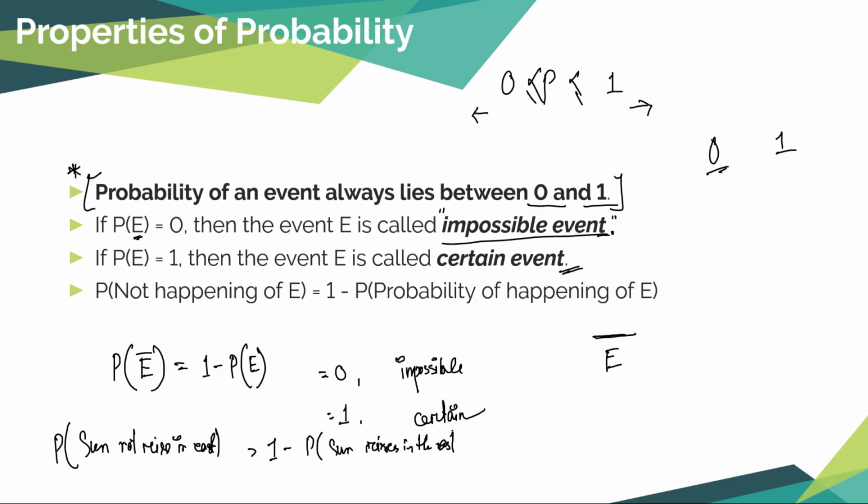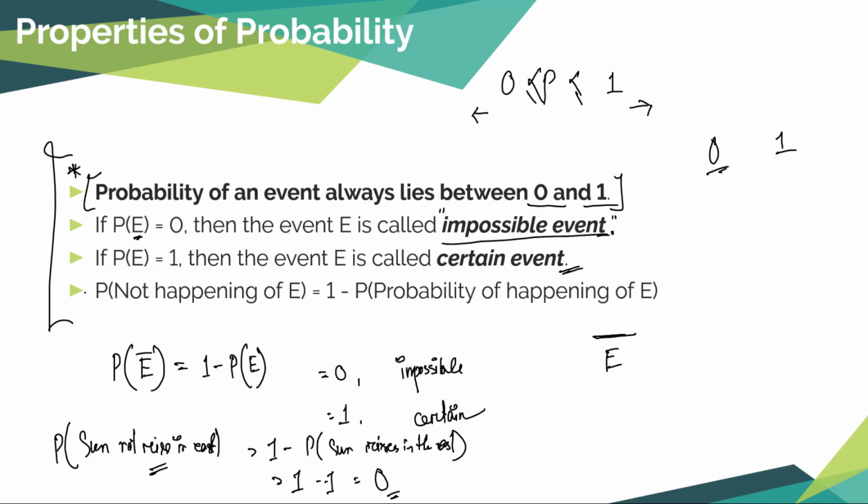We know the probability of the sun rising in the east is 1, so this will be 1 minus 1, which is 0. We also know the sun not rising in the east is an impossible event, so that has a probability of 0. So these are some properties of probability.